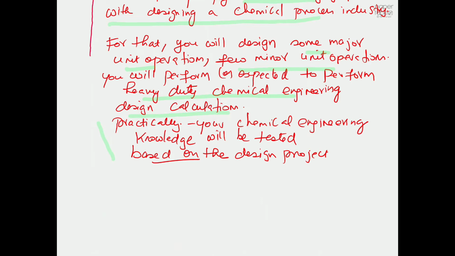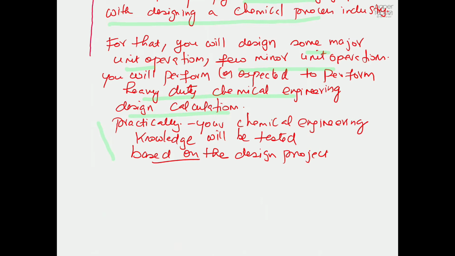Yeah? So the software is extremely user friendly. If you know how to use the mouse, you can easily drag and drop the unit operations. You will learn that very soon from lecture 3. But to deal with the software, you should be a pure chemical engineer. You have to apply a lot of chemical engineering concepts. It's not only a software. Okay, it is a software, and it has a very nice graphical user interface, but it will also test your limit, your chemical engineering knowledge in particular.